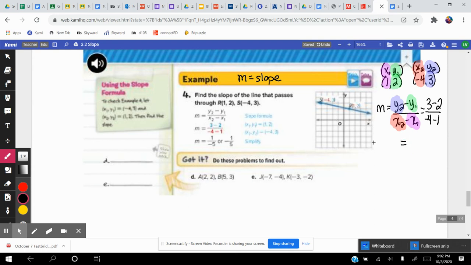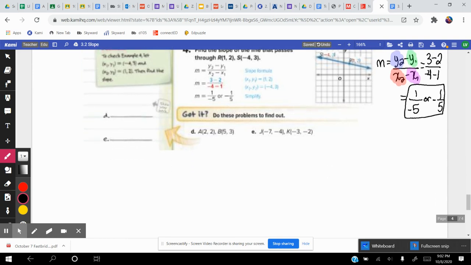This equals 3 minus 2, which is 1, divided by negative 4 minus 1, which is negative 5. So you can have it as 1 divided by negative 5, or you can bring the negative out in front and say it's negative 1/5. Both of these are appropriate answers. So we're going to do the got it section with the next two problems.